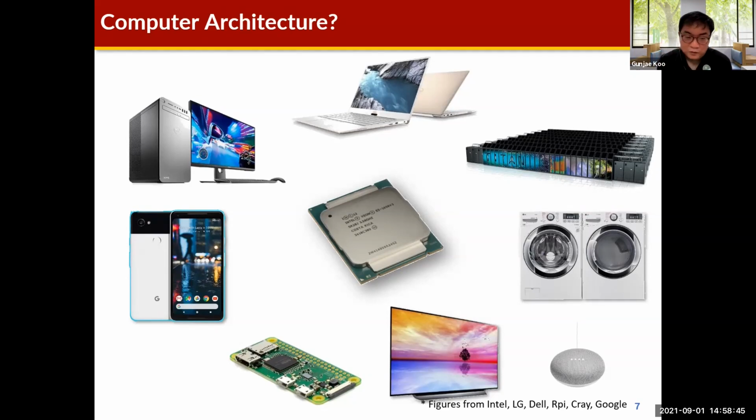This mobile computer system runs using electric power from batteries. That means energy efficiency is very critical. Energy efficiency means the amount of energy required for executing a certain workload. So for mobile computer systems, power consumption, energy, and also heat, thermal, are important design factors.